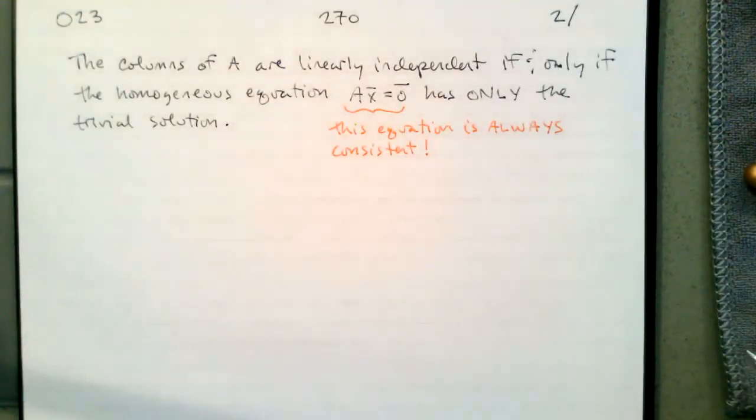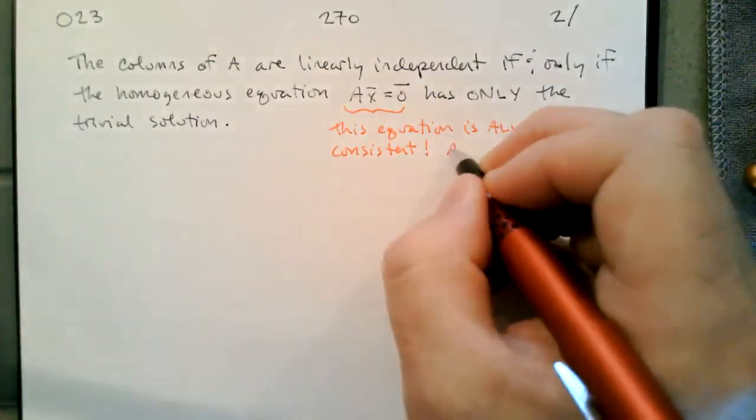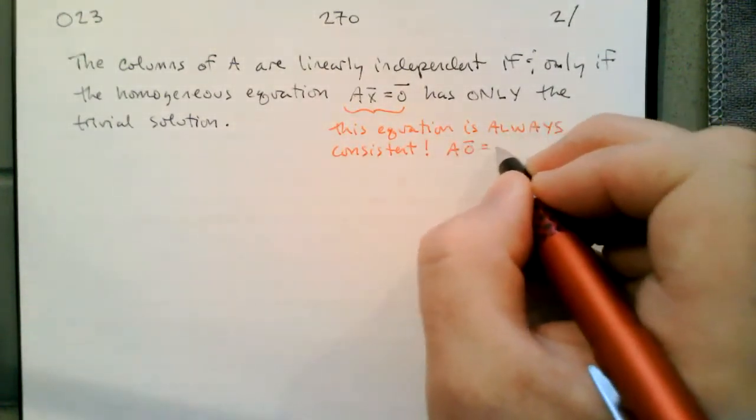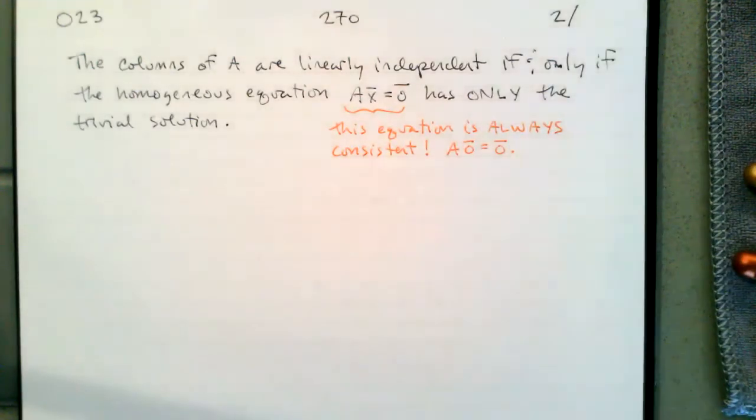A times 0 will always equal 0. So we can't negate this statement by saying that the homogeneous equation is inconsistent. That can never be. 0 is the trivial solution because it's the one that always works.